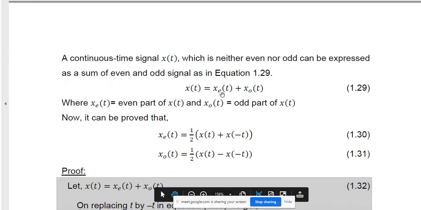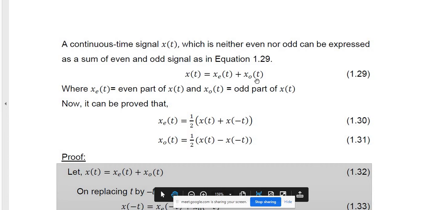Alright, so these are the three equations that I told you are important, because in most of the exams you will need to use at least these two. These two are very important because you have to remember the difference between x even and x odd, just a plus or minus. The method to calculate is to show it in table form, which is much easier.